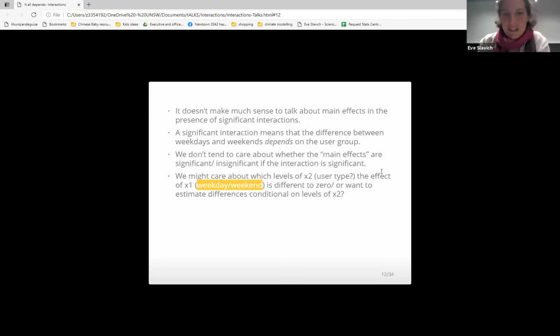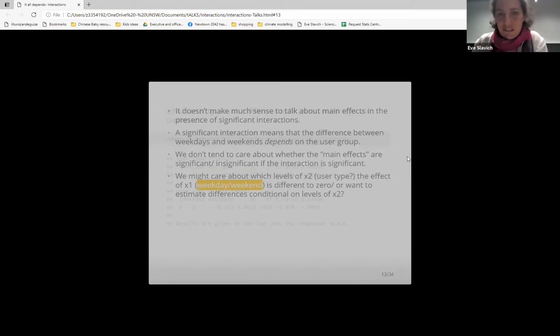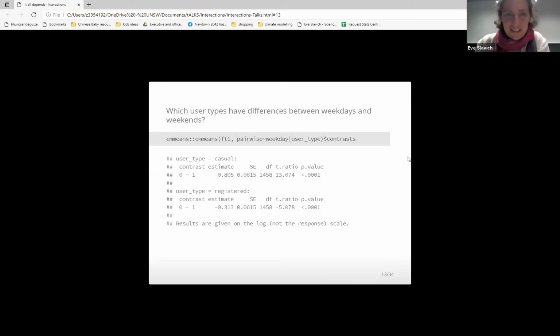So we might want to estimate the differences between levels of X1, conditional on the levels of X2. So if that sounded a bit confusing, by that I mean looking within casual users, let's estimate the difference between weekdays and weekends.